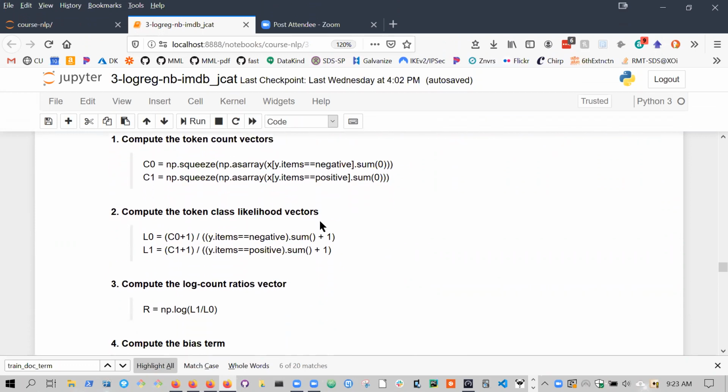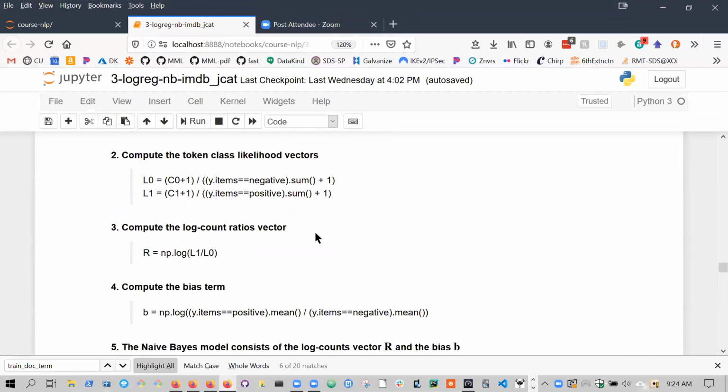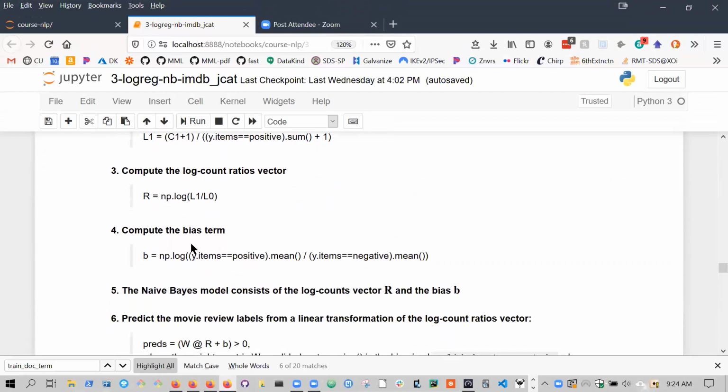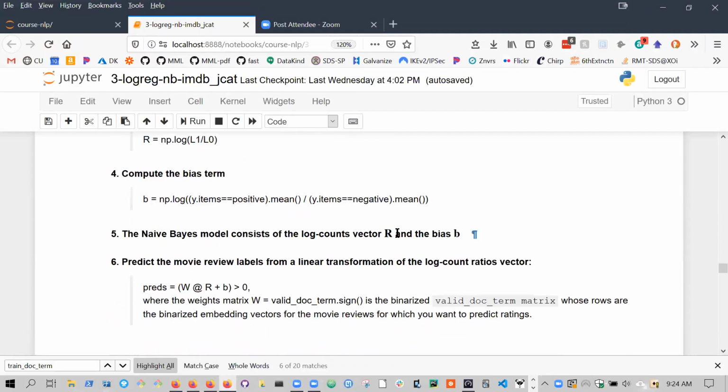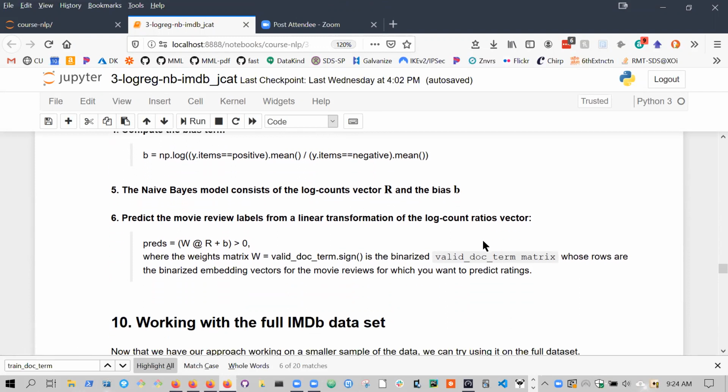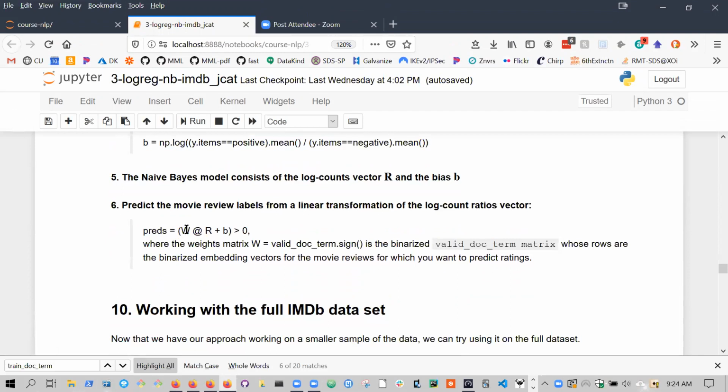First, you compute the token count vectors, then the class likelihood vectors, then the log count ratios, then the bias term. Again, the naive Bayes model consists of the log counts vector R and the bias B. That's all you need. The other piece you need is your data, in the form of W, the binarized term document matrix.